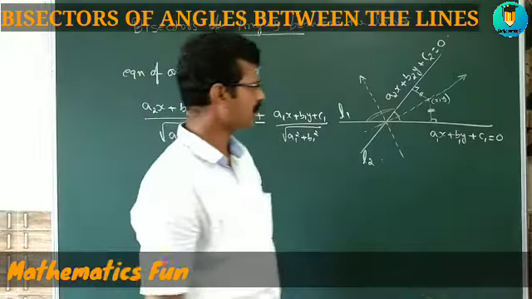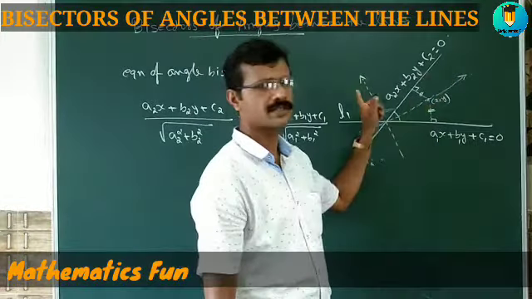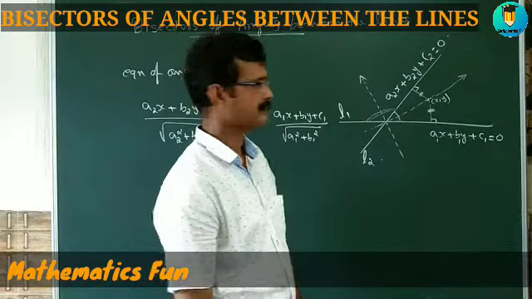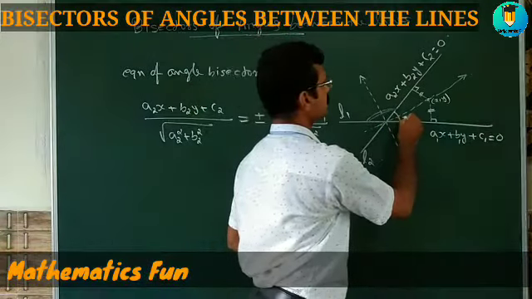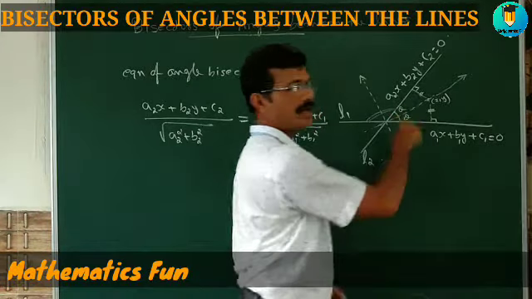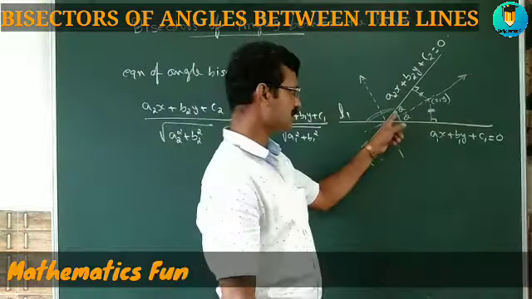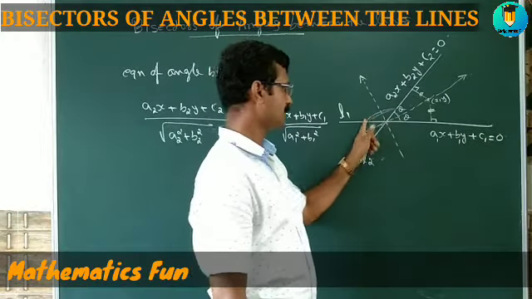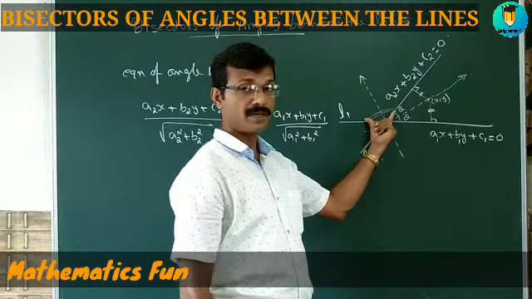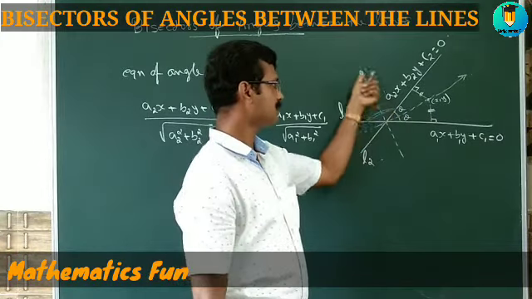Now one more thing: in lower classes you studied about angle bisectors. These two angle bisectors will be perpendicular to each other. If I take this as theta, this also will be theta. The total is 2 theta, and from here to here it is 180 degrees. So this angle will be 180 minus 2 theta, and this is the bisector.